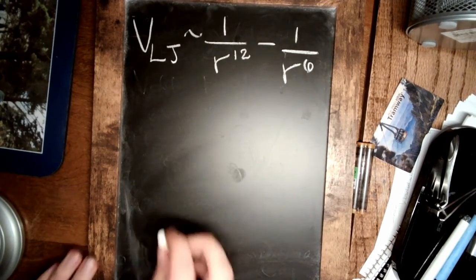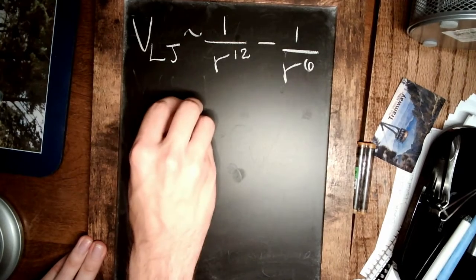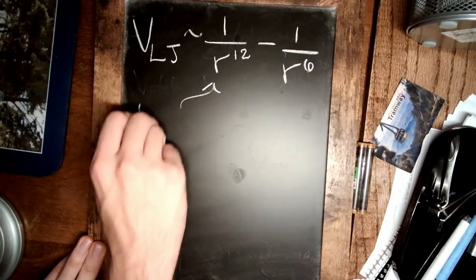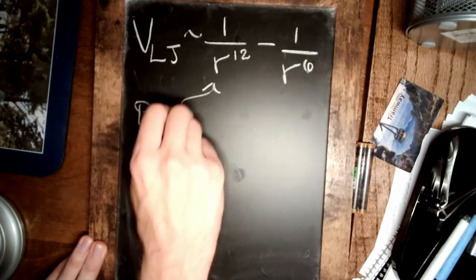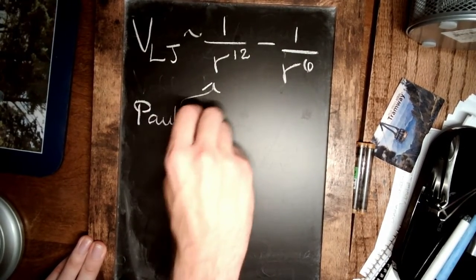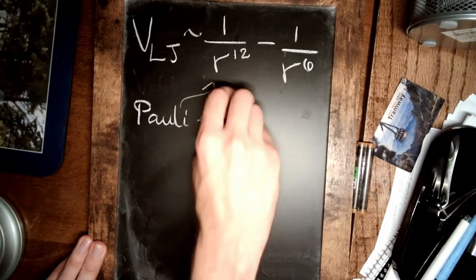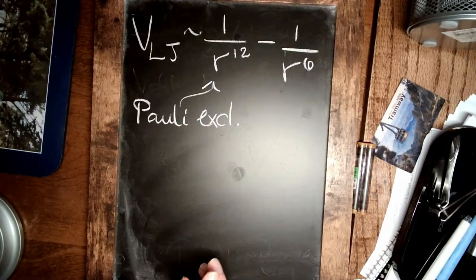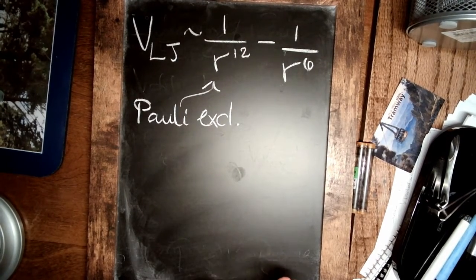Now the first, as we may have mentioned, has to do with the overlap, and it has to do with the Pauli exclusion. You cannot have two electrons existing in exactly the same quantum state.